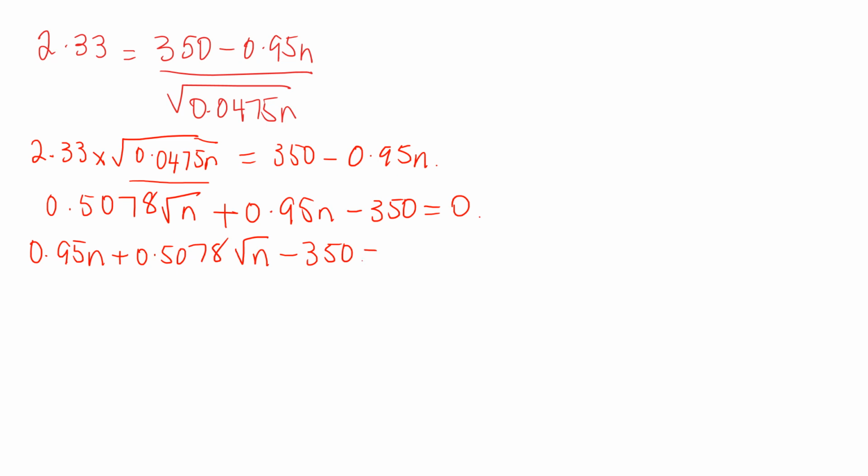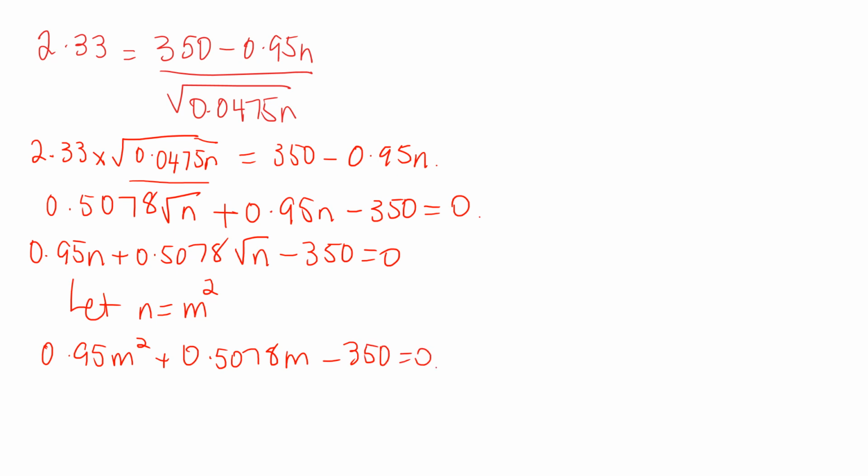And all I have to do is let n equal m squared. So I've got 0.95m squared plus 0.5078m, take away 350, is equal to 0. So I'm just going to do the quadratic formula here. m is equal to negative 0.5078.